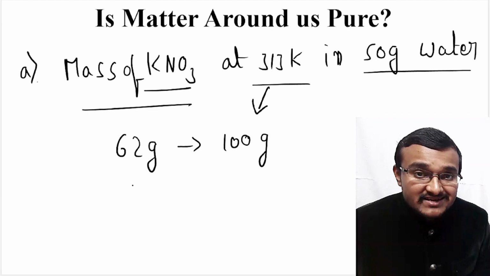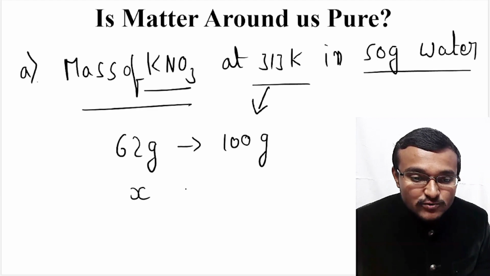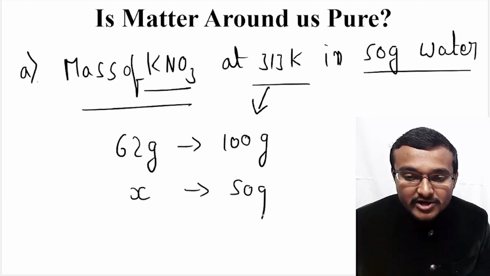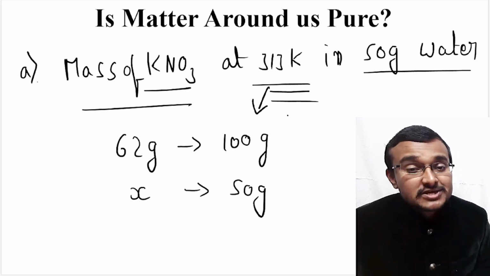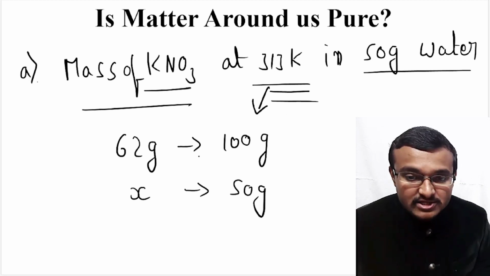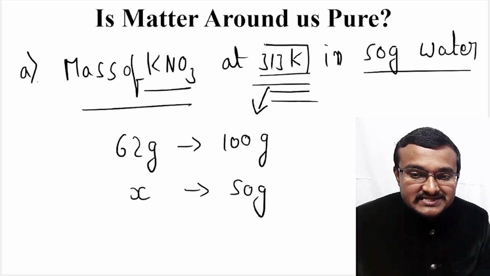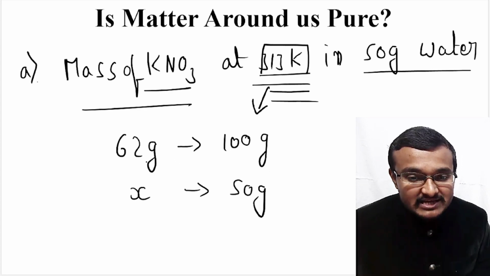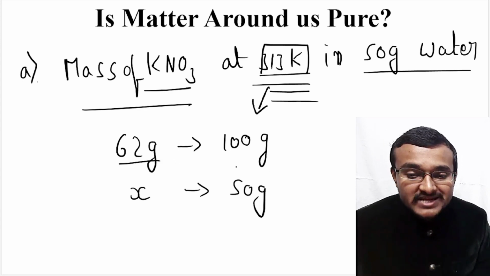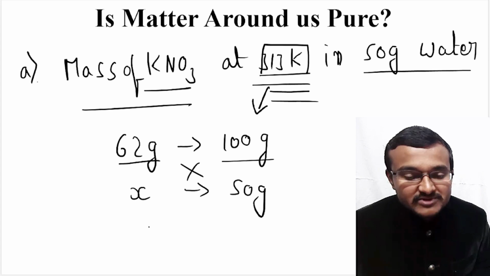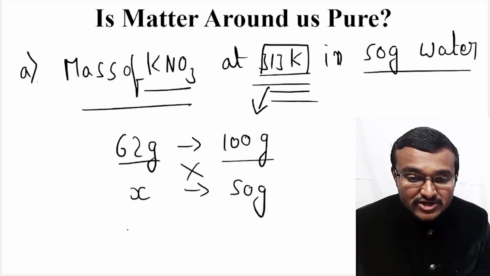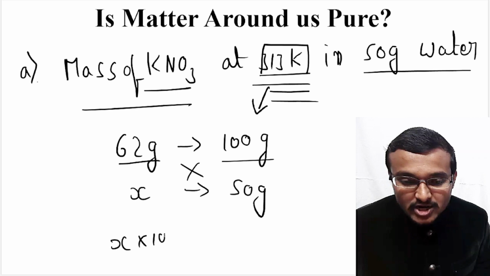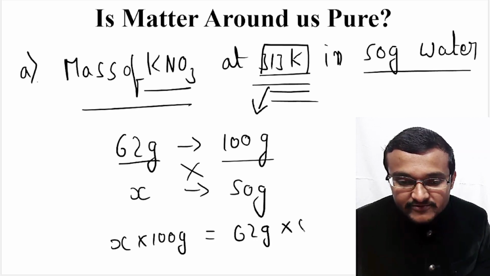What will be the weight of KNO3 if you are using 50 gram of water and the temperature is also the same, 313 Kelvin? Since the temperature is the same, and mass of KNO3 and mass of water are linear variables, you can cross multiply. So x into 100 gram is equal to 62 gram into 50 gram.